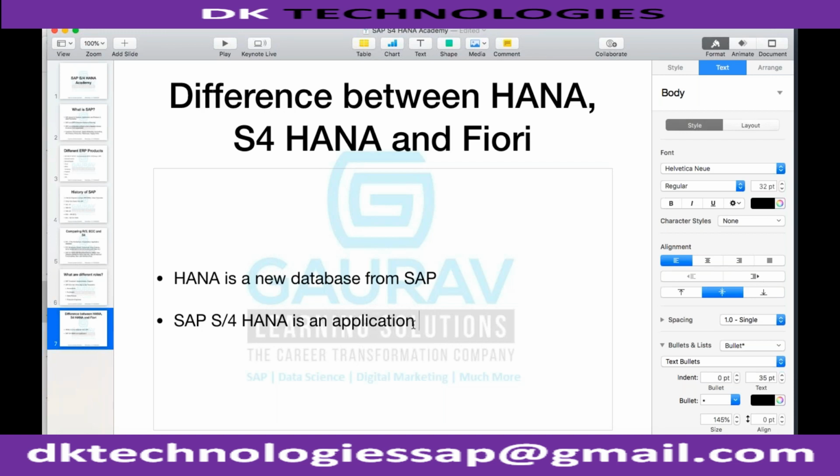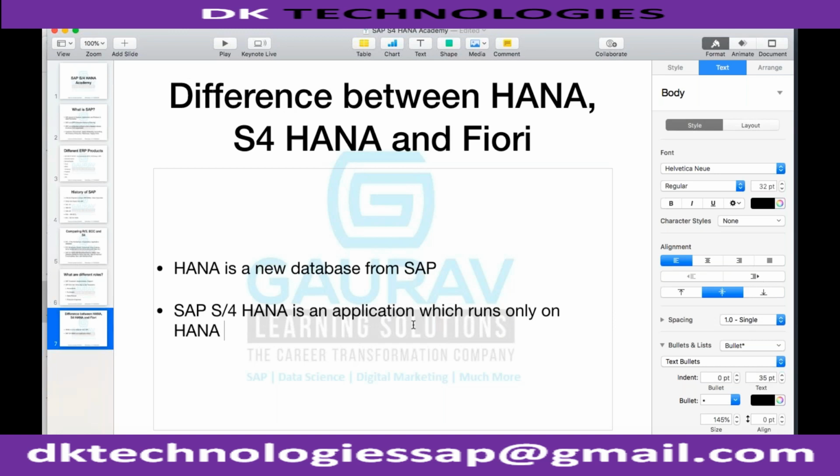Running on HANA, exactly, that is very important, which runs only on HANA database. I cannot run the SAP S4 HANA application on third-party databases. SAP ECC could run on third-party databases also, but SAP S4 HANA will only run on HANA database.